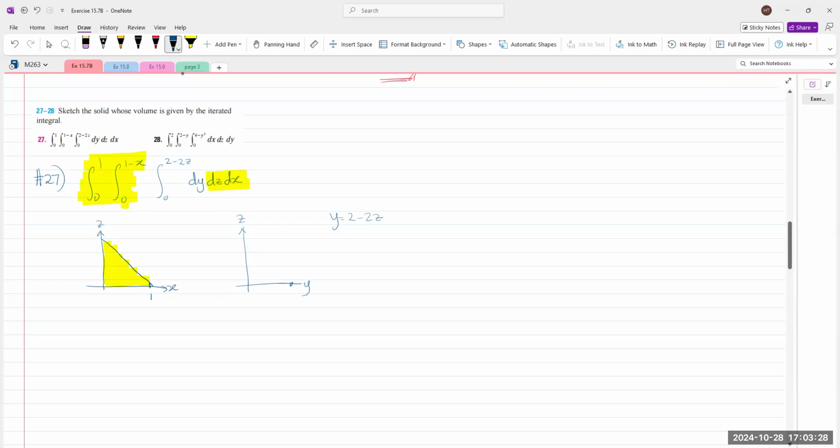When y is 0, z is 1. So that's what it looks like.